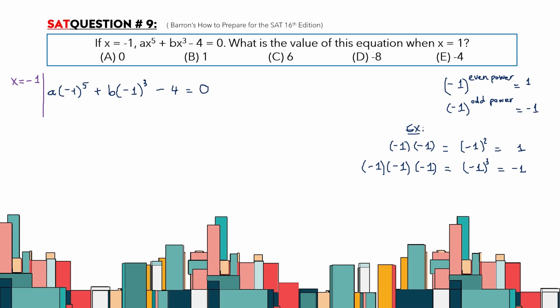Because the product of two negative numbers is positive, this with this is a pair, so two negatives make a positive. For -1 to the power of 3, we have this one with this one in a pair, and the only one left is negative, and the pair produces positive. The product of a positive and a negative number will produce a negative. So that's how we got the -1 right here.